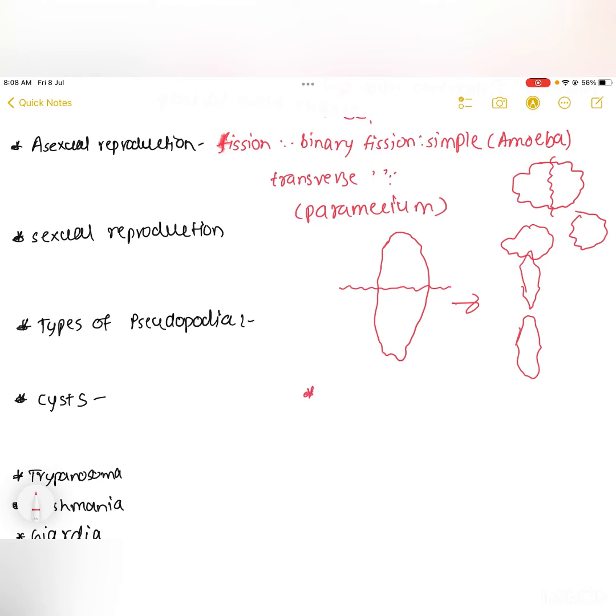Another type of binary fission is longitudinal binary fission. It occurs in Euglena, Trypanosoma, or those protozoans which have flagella.